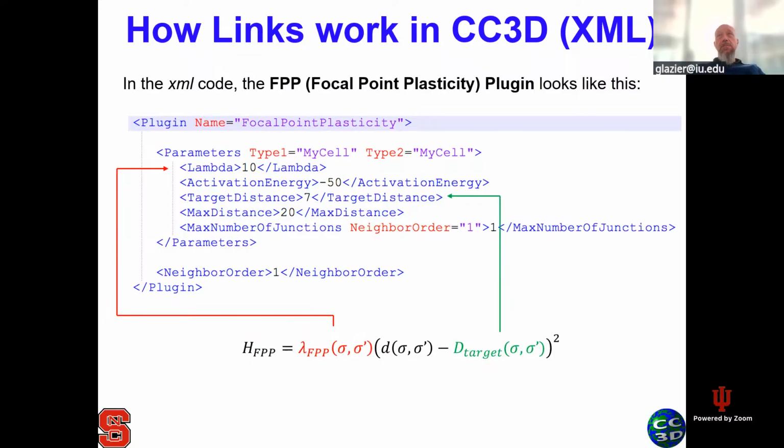So the activation energy basically, again, this is a bit artificial. It'd be nice if the manuals, I think the manuals actually may go into more detail. The activation energy basically says if you are touching another cell, it doesn't create the link instantaneously. There's a probability of creating the link.